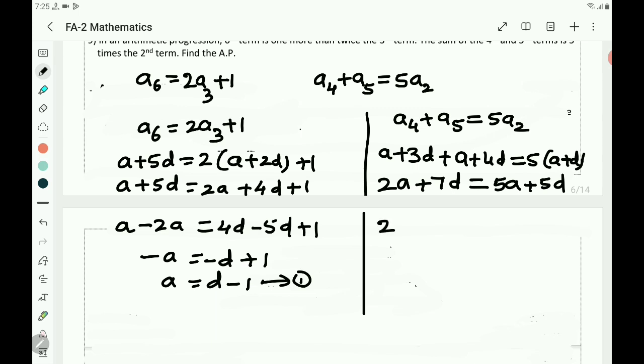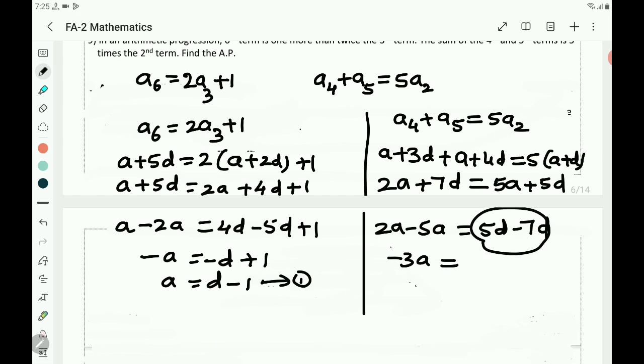2 into A means 2A. Transfer this 5A to the LHS and 7D to the RHS: 2A minus 5A equals 5D minus 7D. Then 2A minus 5A is minus 3A. Here we have to subtract 5 from 2. So minus 3A equals 5D minus 7D, which is minus 2D.